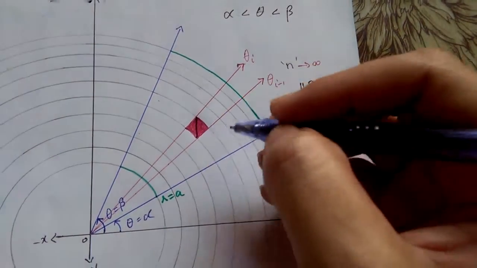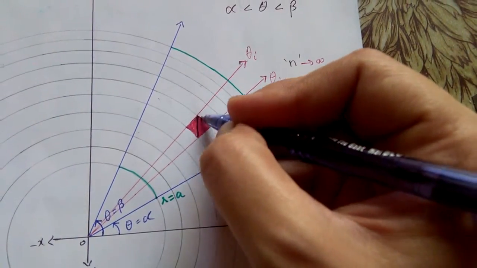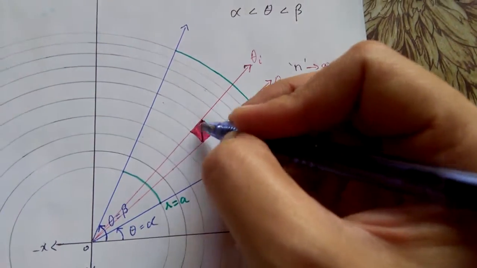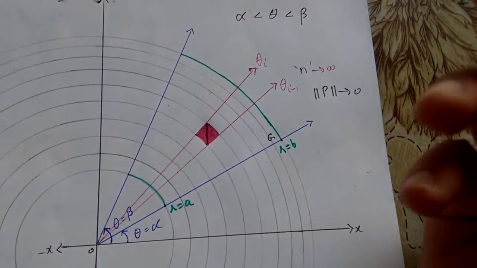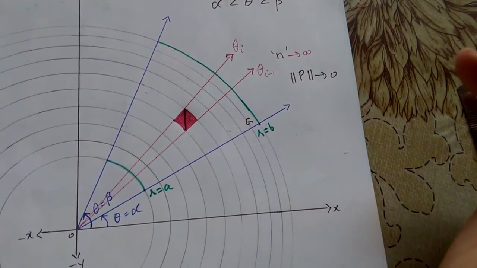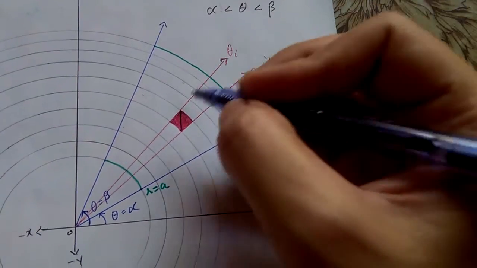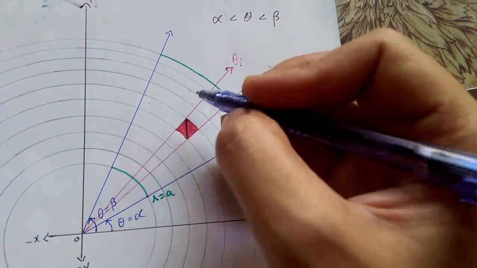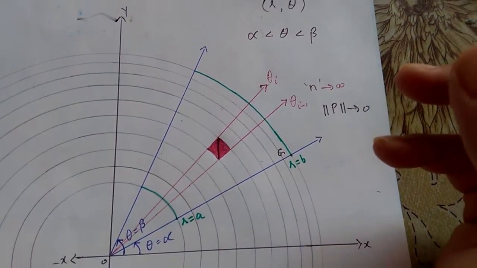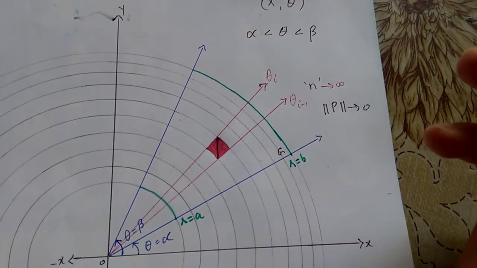So if we try to calculate the area of this curved sector, or curved strip, we use the formula for the area of the sector, which equals half r squared theta. Once we have n tending to infinity, we definitely have n such curved subrectangular strips.